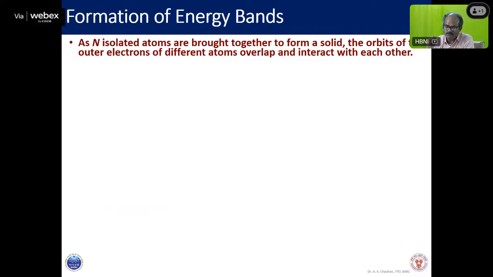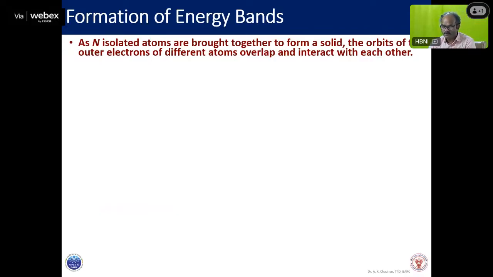Imagine, 10 to the power 4 is 10,000, 10 to the power 5 is 1 lakh. So 1 lakh, 1 lakh, 1 lakh, 1 lakh, 1 lakh, multiply all of them. So you will have that many atoms in that 1 centimeter cube of silicon.